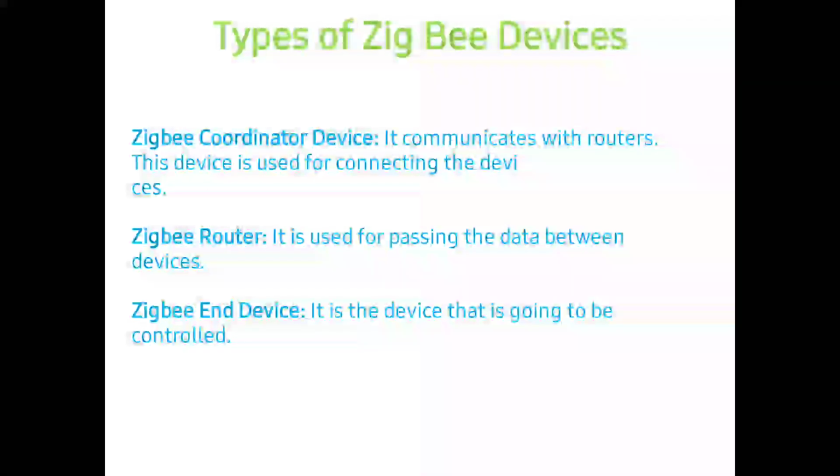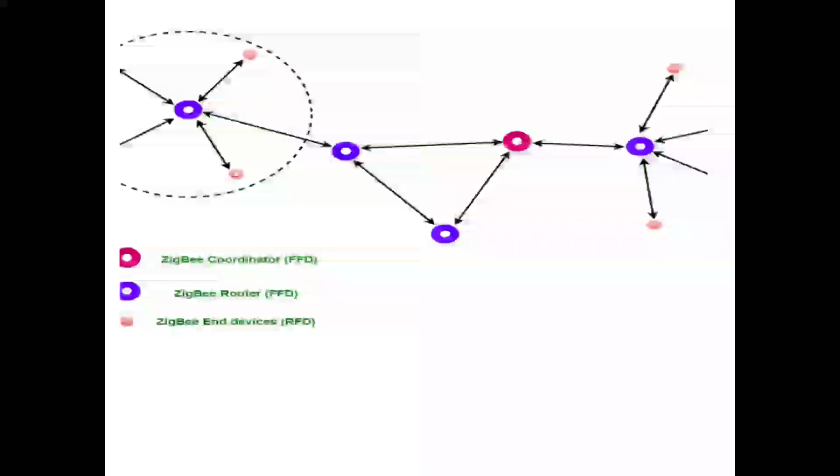It is the device that is going to be controlled. It can transmit and receive messages but cannot perform any routing operations. These must be connected to either the coordinator or a router and do not support child devices. This is the diagram for the three types of devices.